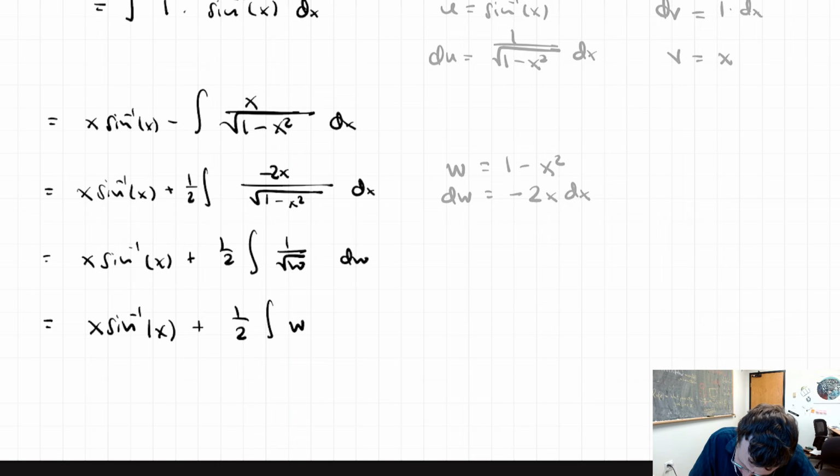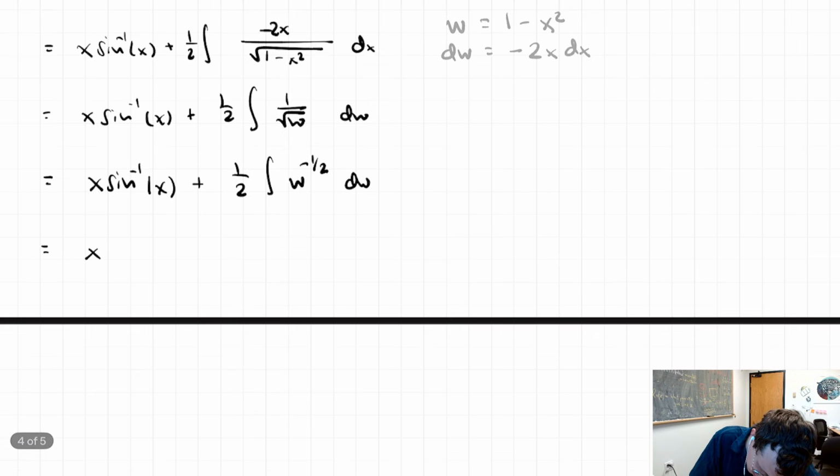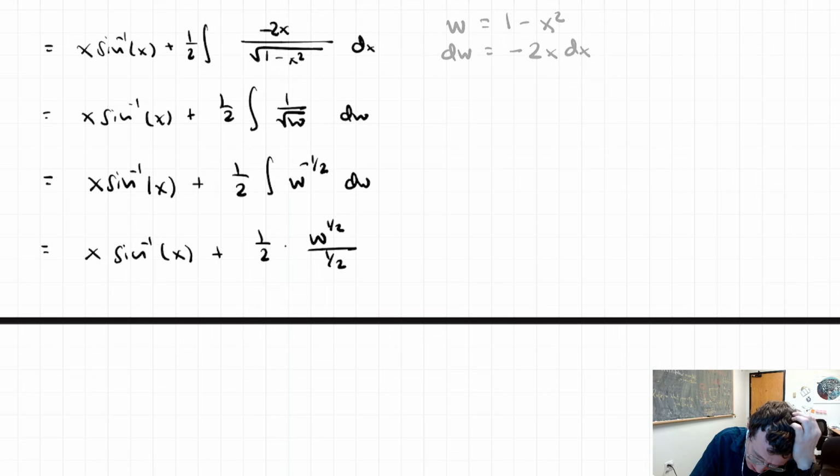One over root w means w to the minus 1/2. And let's see, I add 1 to the power, so it goes up to w to the 1/2, and then I divide by 1/2. And strangely enough, these 1/2s cancel out. I should also not forget the plus c.